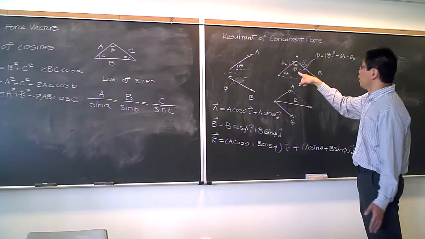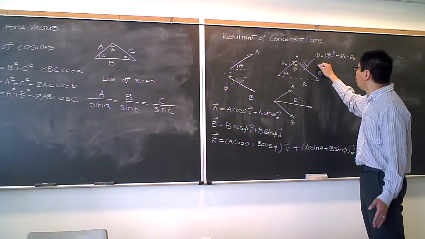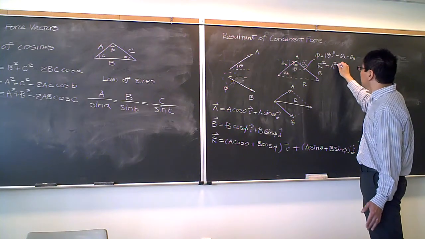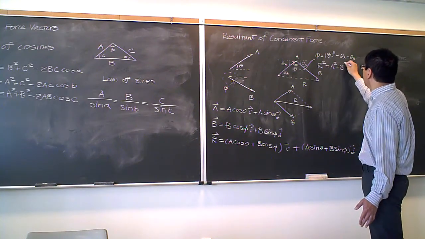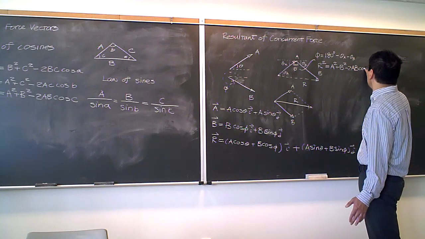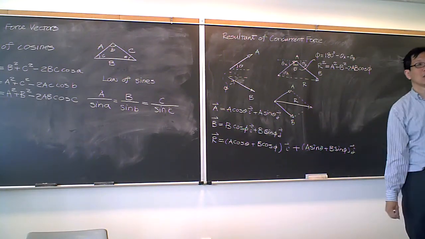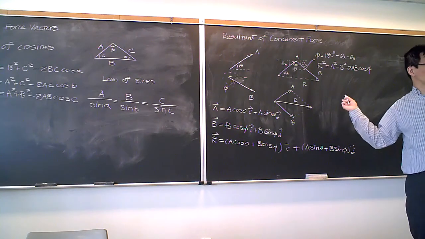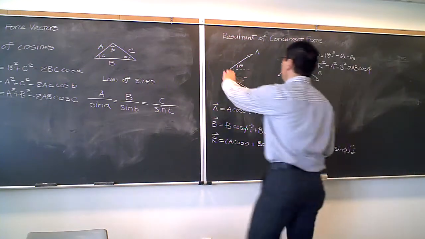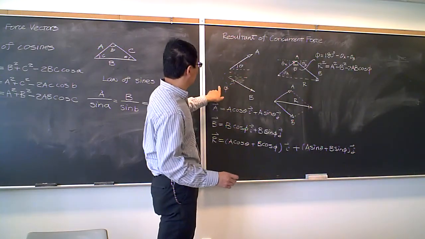Because if you can find out phi over here, R equals the square root of A squared plus B squared minus 2AB cosine phi. Does that make sense to everybody? Okay, so I should give you this number and give you phi over here.